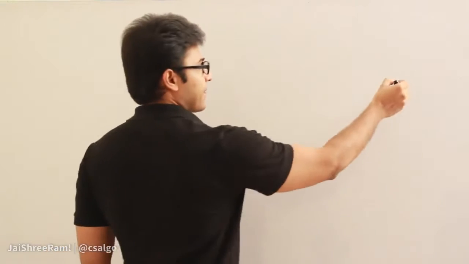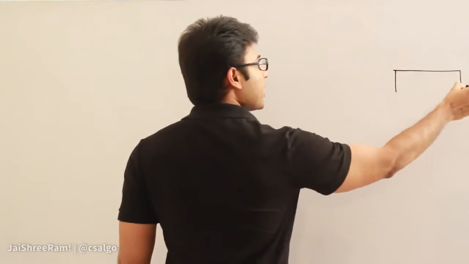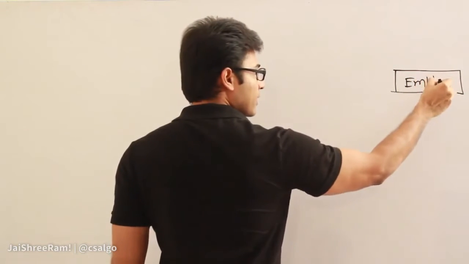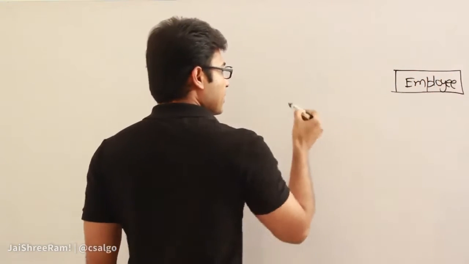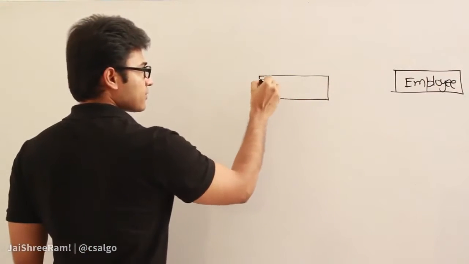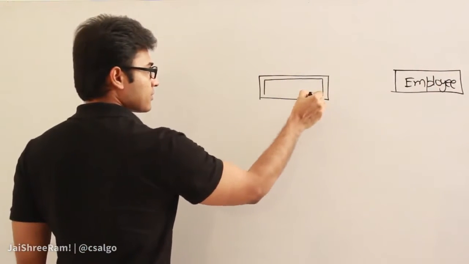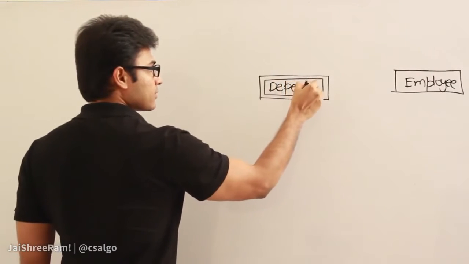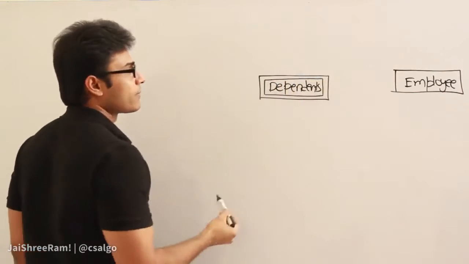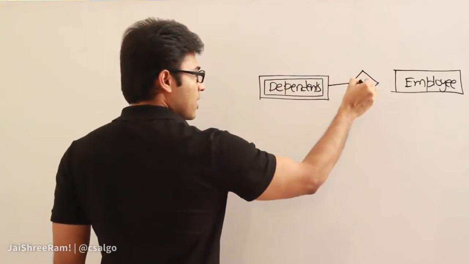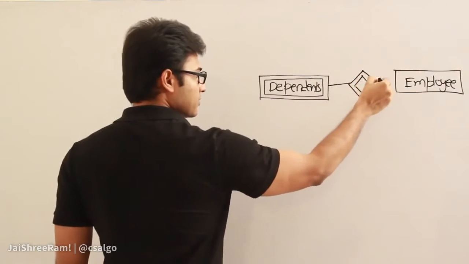Let us say there is employee relation or entity. Okay, this is the employee entity, and there is a weak entity called dependents. Okay, and both are related through identifying relation.